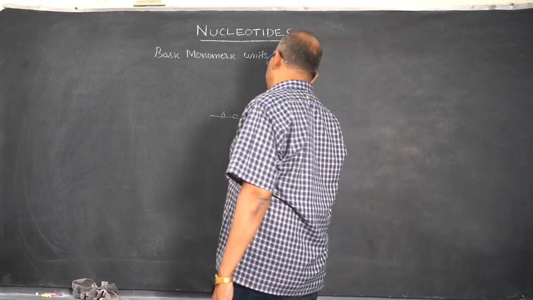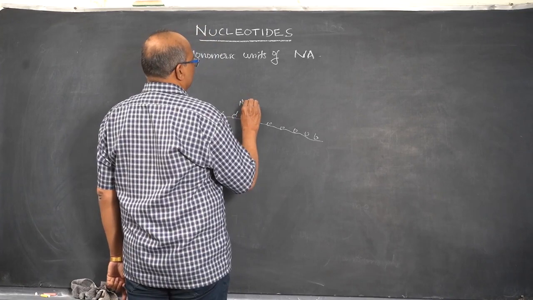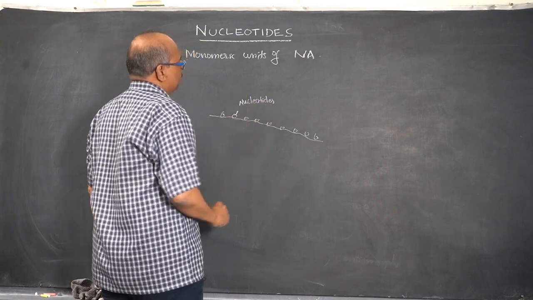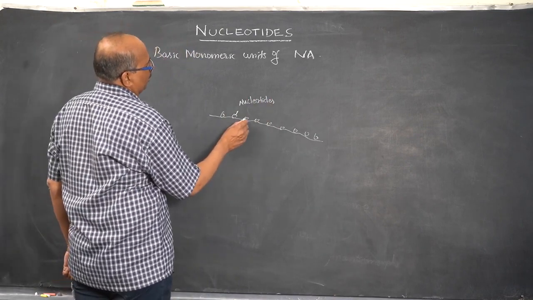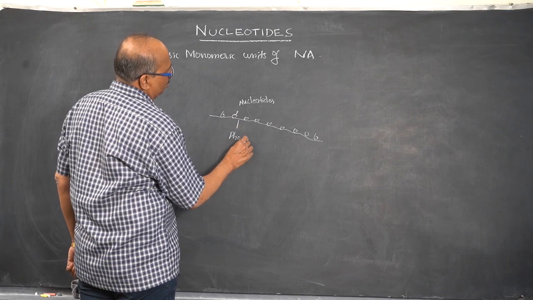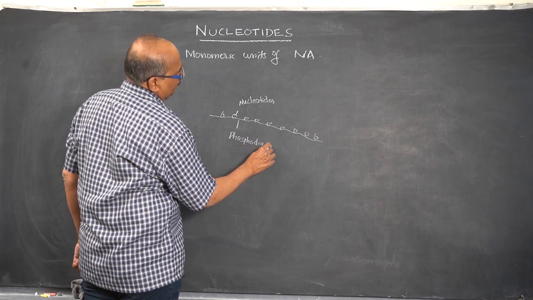So these beads, they are the nucleotides. The thread, what we have here, is basically a covalent bond called phosphodiester linkage.